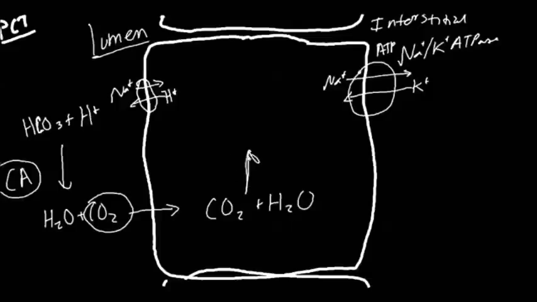This is going to be turned back by carbonic anhydrase found inside the cell, and it's going to be turned into a hydrogen ion and a bicarbonate, HCO3 minus. This hydrogen is going to go back out.